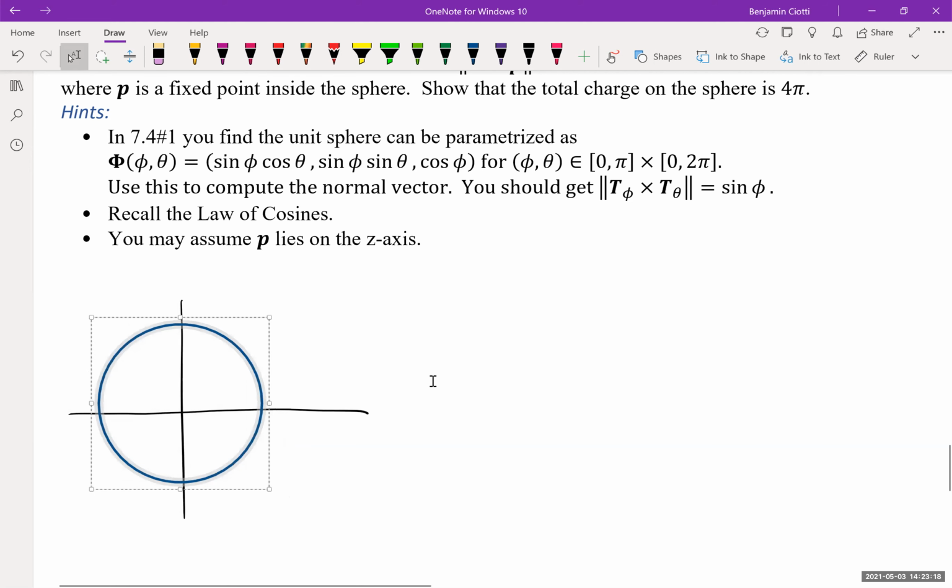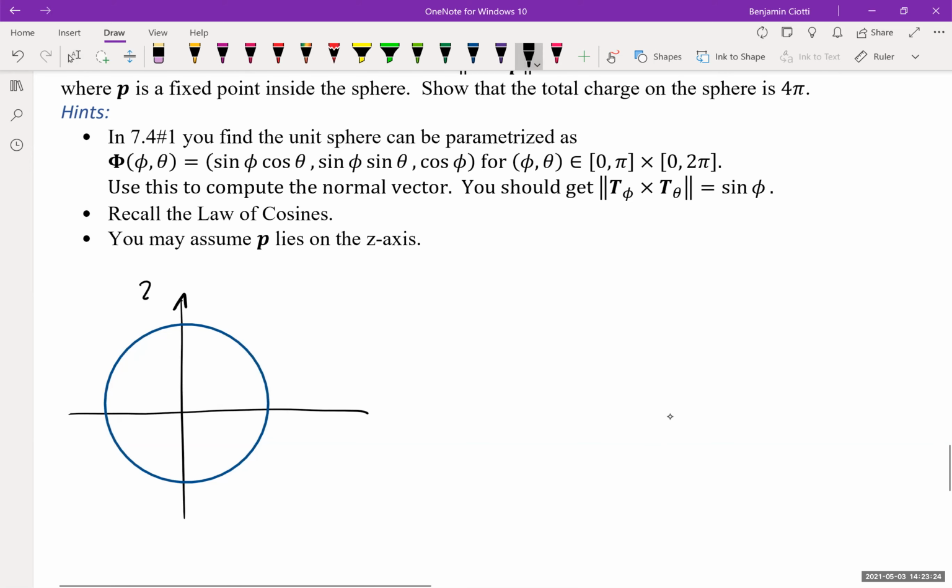So here's our sphere, actually, is what this is supposed to represent. I'm going to place it with this being the z-axis, and this being the x-axis. And this is a sphere, so it's a 3D shape. You kind of have to imagine it has depth, and there's also a y-axis, which I'm not going to draw for the moment.